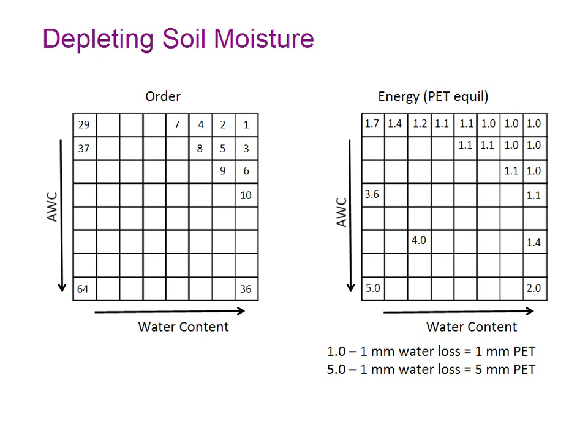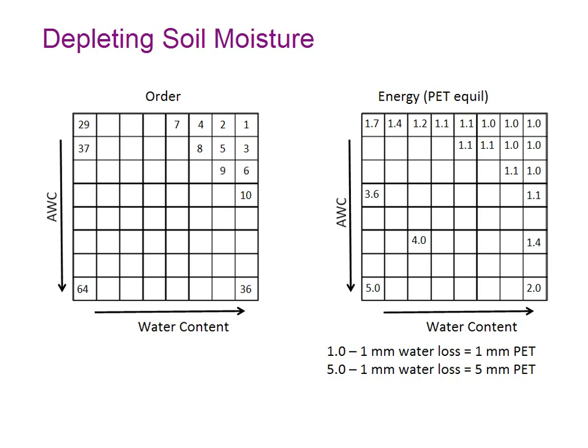The representation on the right is a representation of energy that's based on a potential evapotranspiration equivalent that they derived. So you'll notice the 5 boxes in the upper right-hand corner have a potential of 1. So 1 millimeter of PET results in 1 millimeter of water loss.